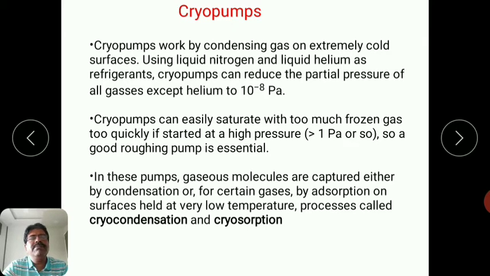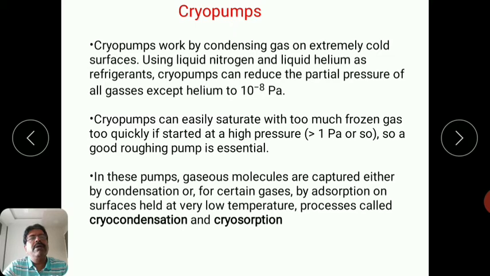High pressure means a pressure much greater than 1 Pascal. So you should not start cryo pumping at a pressure greater than 1 Pascal. So what is the solution?